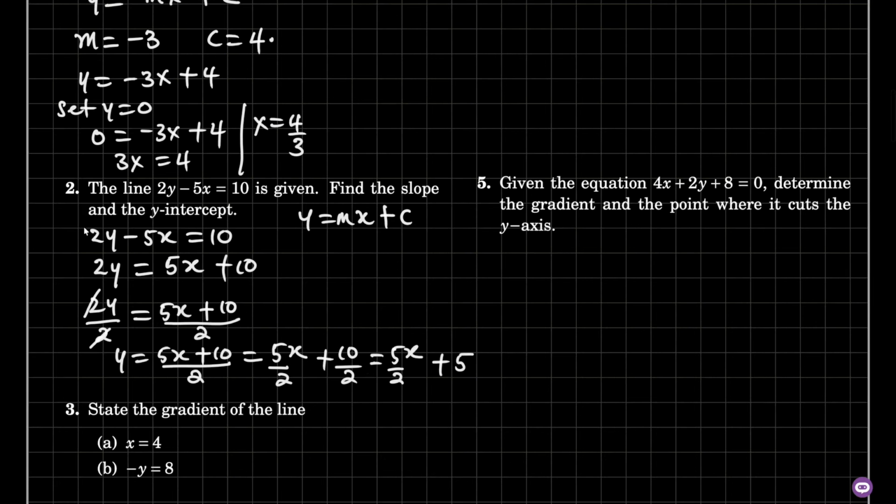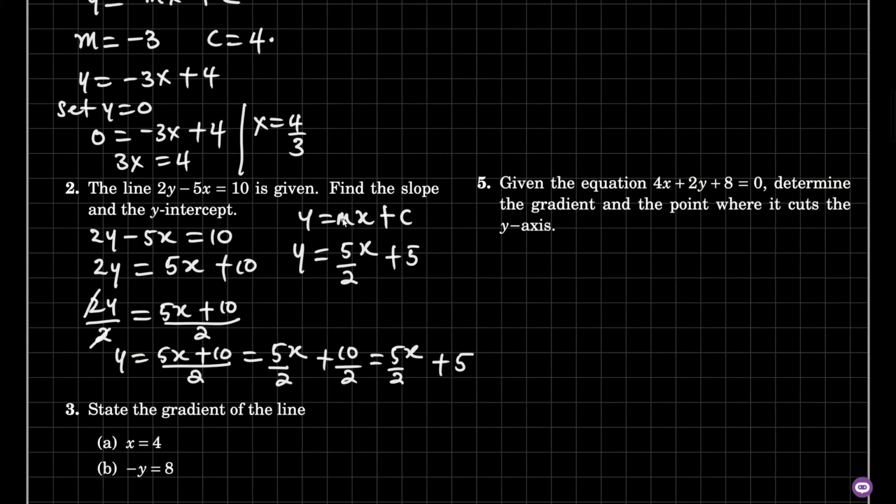Now we have re-expressed this equation as 5x over 2 plus 5. Now we'll put that side by side with the standard equation, so y is equal to 5x over 2 plus 5.